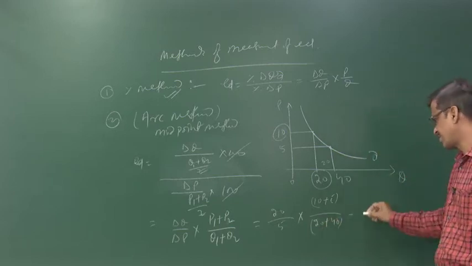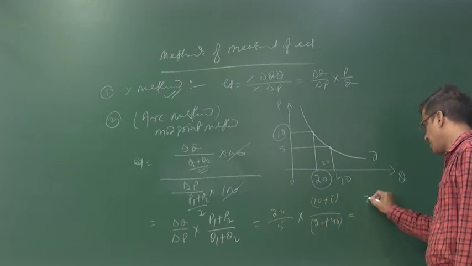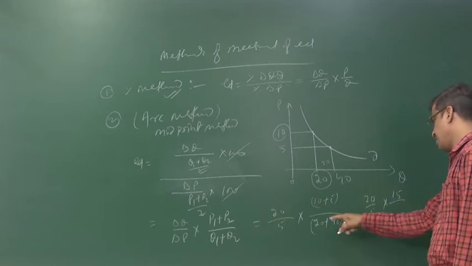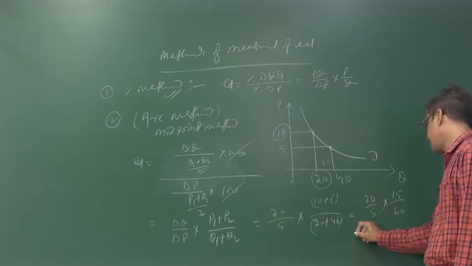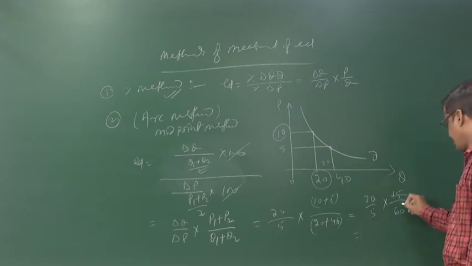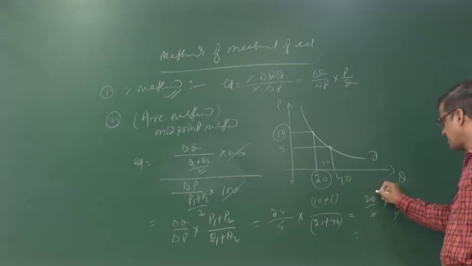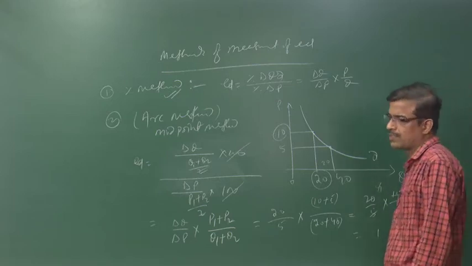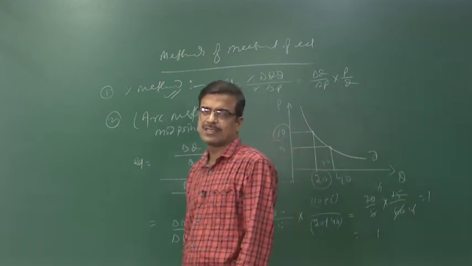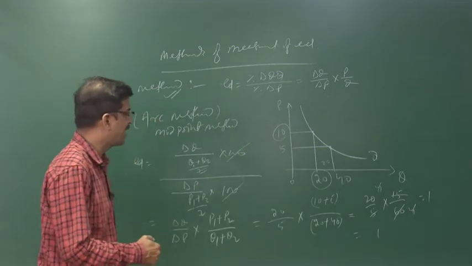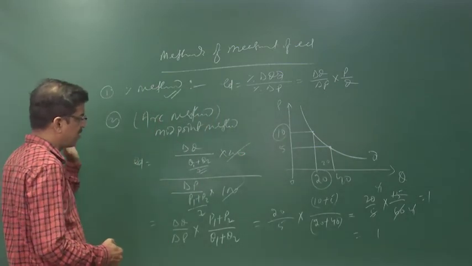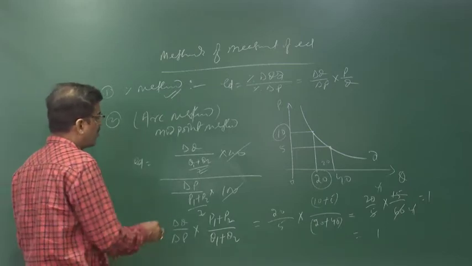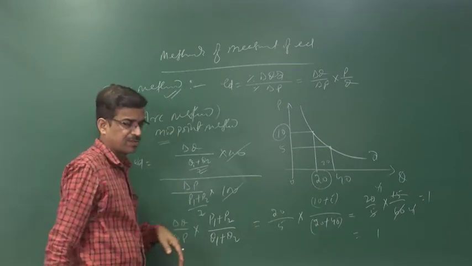Now, solve it. So, 20 upon 5 multiplied by 15 upon 60. Now, here is 4 and this is 4, again 4 cancelled, the outcome is 1. So, that means you have to calculate with the help of this method, which is known as the arc method or the midpoint method, okay.